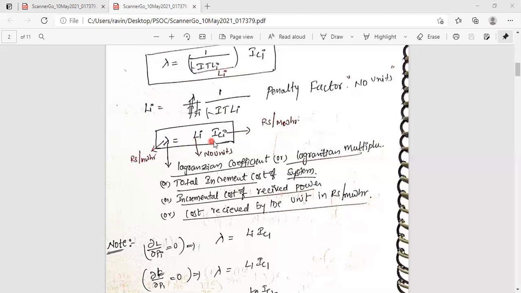So lambda is equal to Li into incremental fuel cost, where IC is the incremental cost of generation.